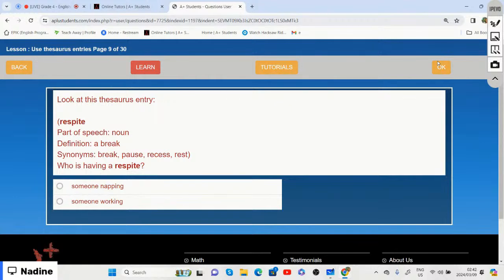So respite is a noun. The definition is a break. The synonyms of this word respite are break, pause, recess, rest, right? So now we need to say who is having a respite?